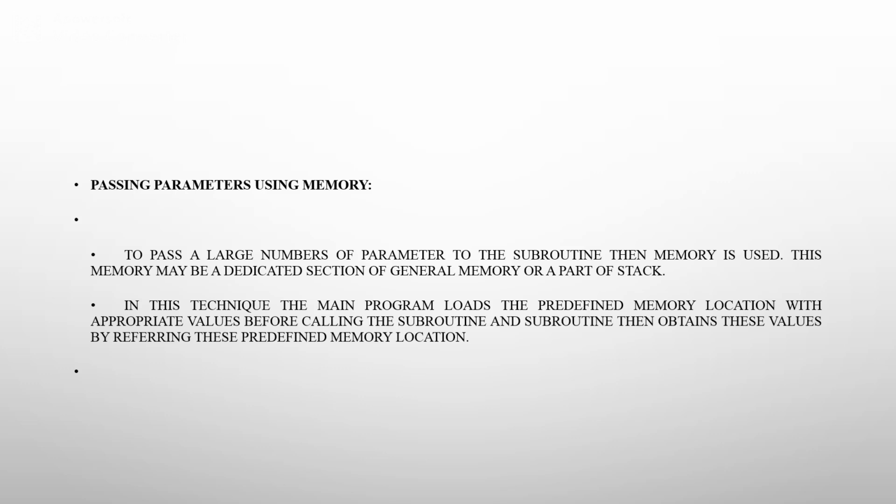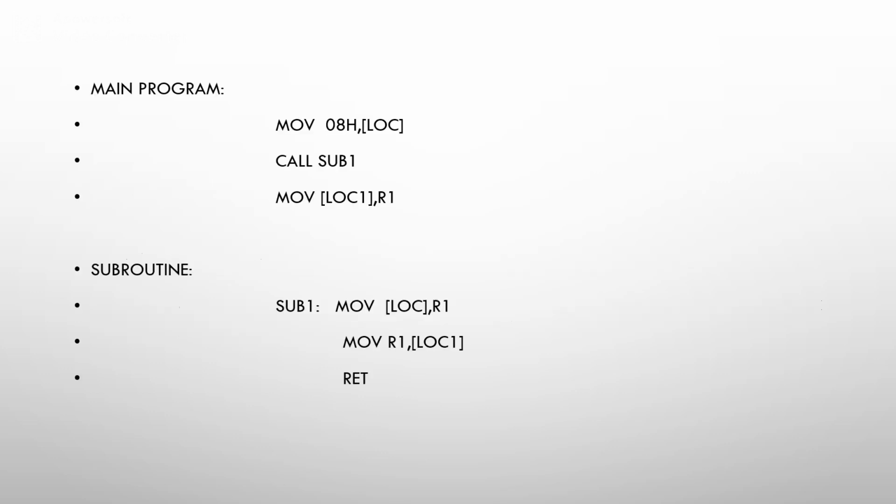So we can make use of memory locations while exchanging information between the main program as well as the subroutine. But in advance, we have to copy the parameters into the memory location. In the main program, we can observe that we copied the value into the memory location.